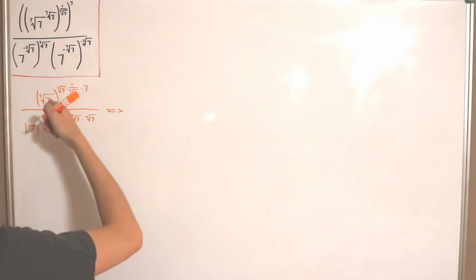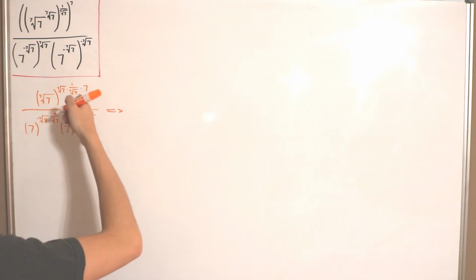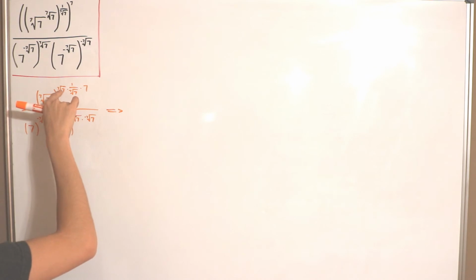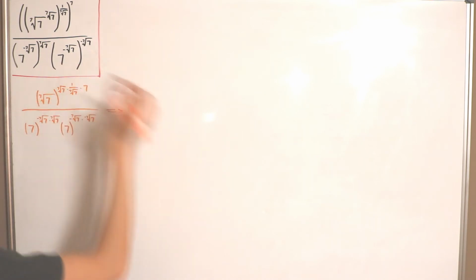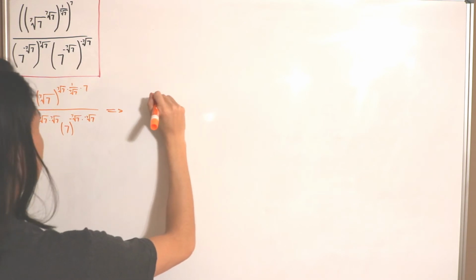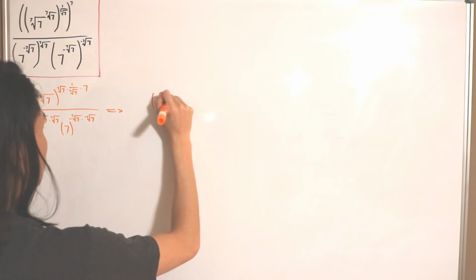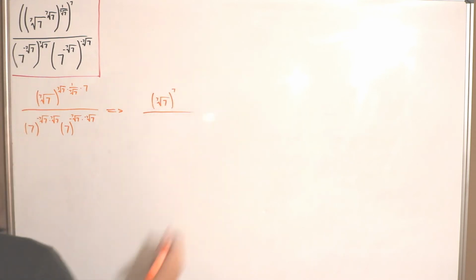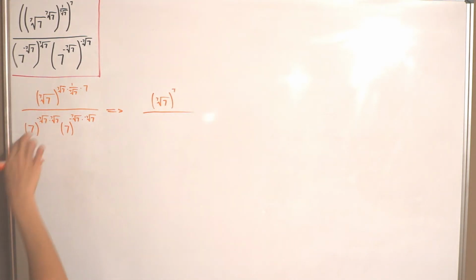When we multiply our products here, you see the 7th root of 7's numerator and denominator cancel, so the exponent is just 7, so the 7th root of 7 to the power 7, and then let's rewrite the exponents from here.